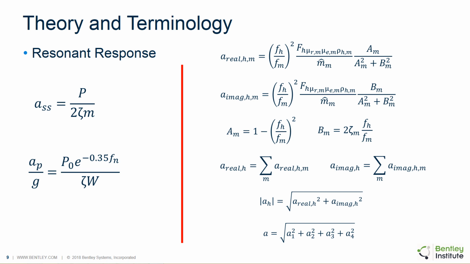So like we showed in the dynamic loading slide a while back, where we were using a Fourier series to come up with our design dynamic footstep load, we were combining 4 harmonic loads. And so we can do that here. We can calculate a response, an acceleration, for each harmonic and also for each mode. So it's very robust.